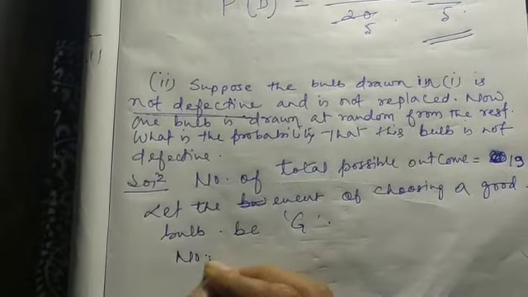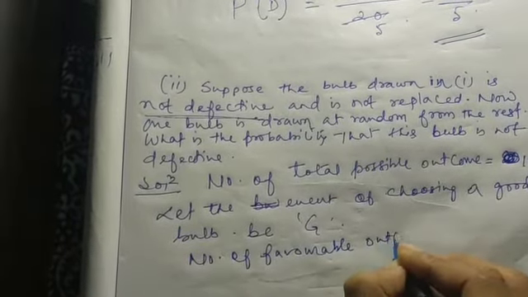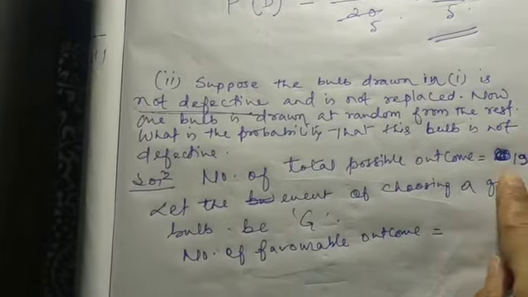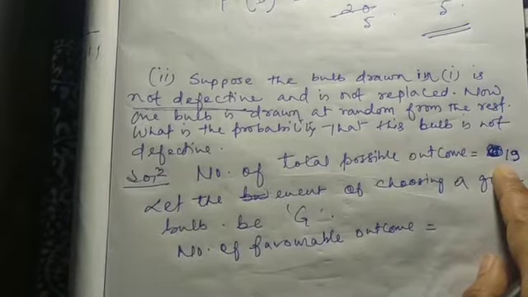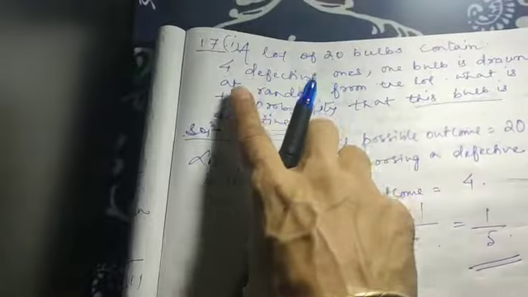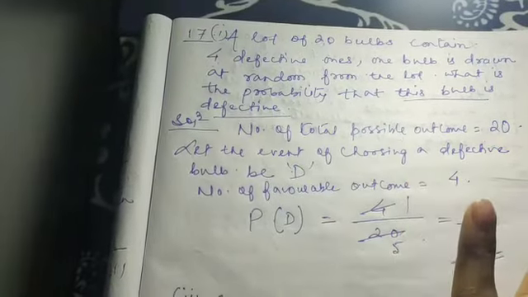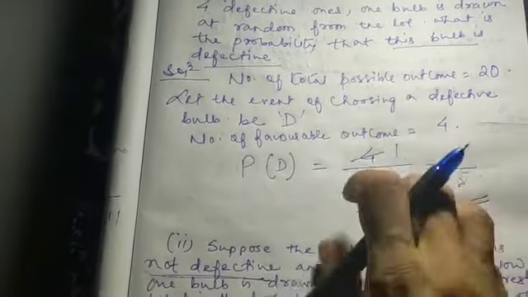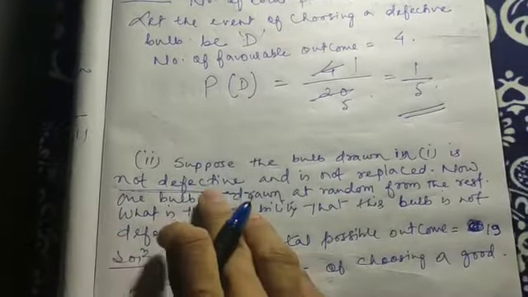Now the number of favorable outcomes. Total how many are there? 19 bulbs are there. So good, how many were there? Total 20 bulbs, out of which 4 are defective. That means 16 bulbs are good. From those 16 bulbs, in question number 1 I have taken out 1. It is said in number 2 that it is not defective, that means that was a good one.